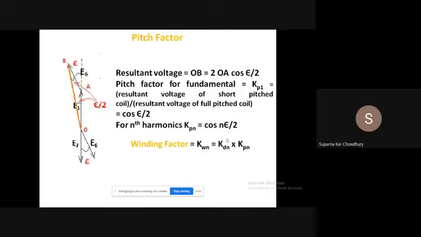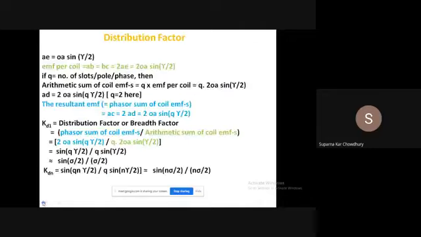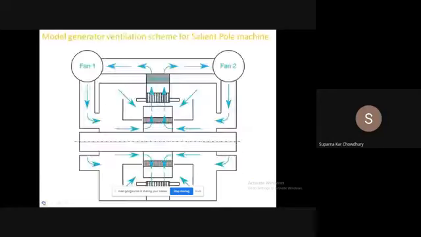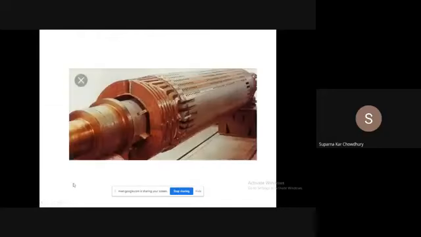Another advantage of short pitching is that it reduces copper overhang. What is copper overhang? If we go to the construction, this is the active length of the conductor within the iron, but this is the end connection of the winding.